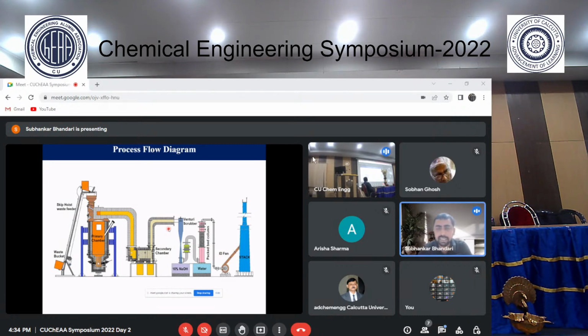It serves three purposes. First, it neutralizes all the acidic pollutants like SOx, NOx, HCl, and it removes the dust particles as well. Venturi is wonderful equipment for removing dust particles through wet scrubbing mode. And another is it cools the off gas from 1200 degrees Celsius to 100 degrees Celsius.